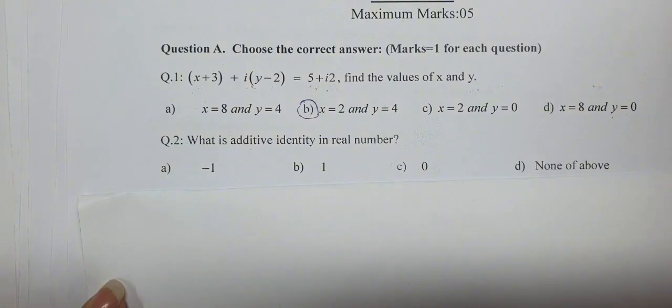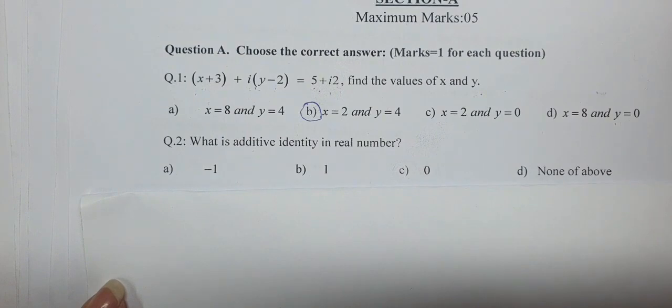Now the next question is, what is the additive identity in real numbers? Below you are given 4 options. The additive identity is a fundamental concept in mathematics, particularly in the field of algebra. The additive identity is a number that, when added to any other number, leaves the number unchanged.